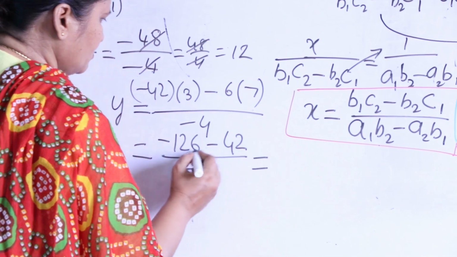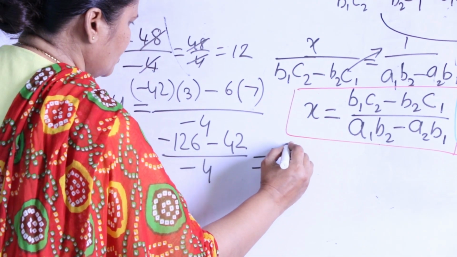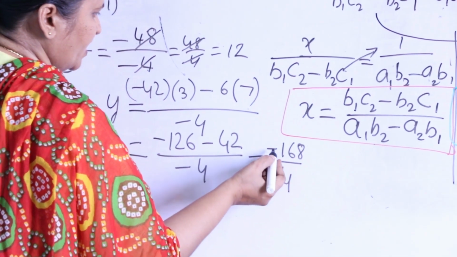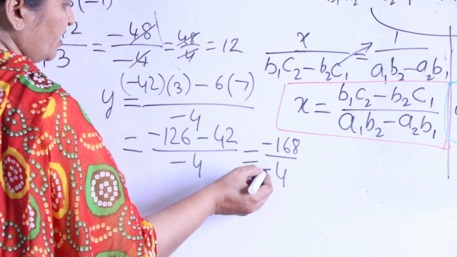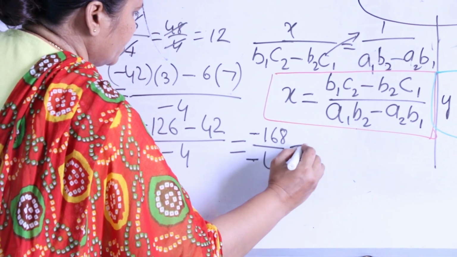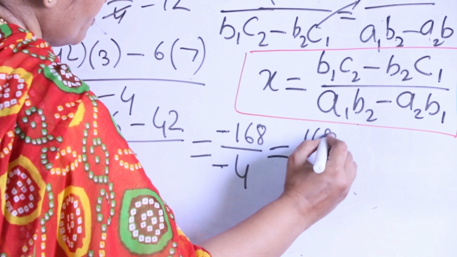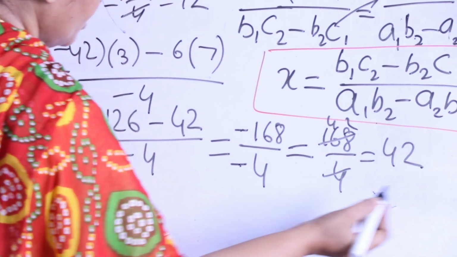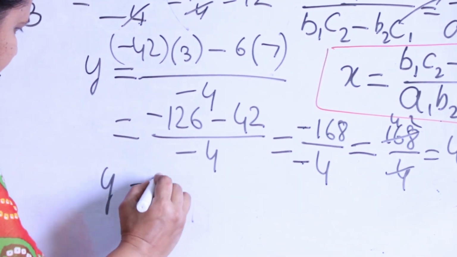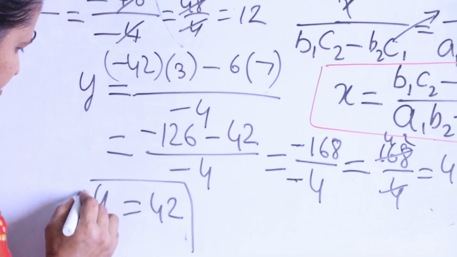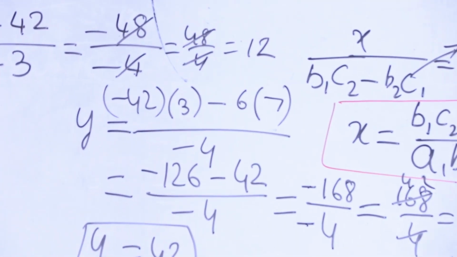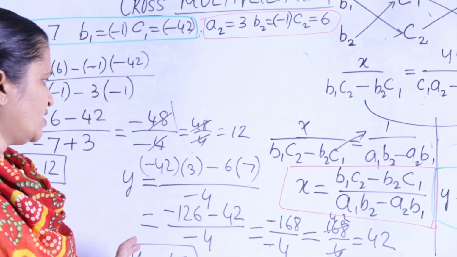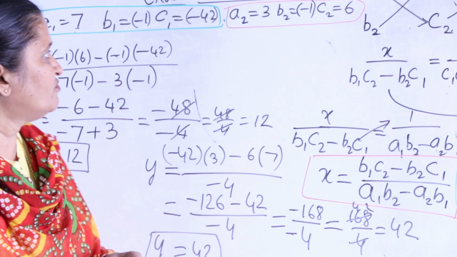So you have to add: minus 168 by minus 4. As I told, both numerator and denominator are negative integers, so the fraction changes to positive. 4 4s are 168, so y is equal to 42. It's the same value we got using the other two methods also. X is equal to 12 and y is equal to 42.